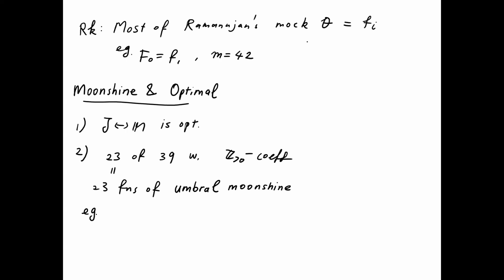So for instance, when you take m equals 2, the optimal function you have is indeed this function, which is the star of what's called the M24 Moonshine.